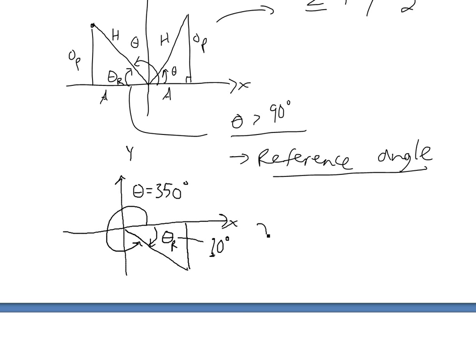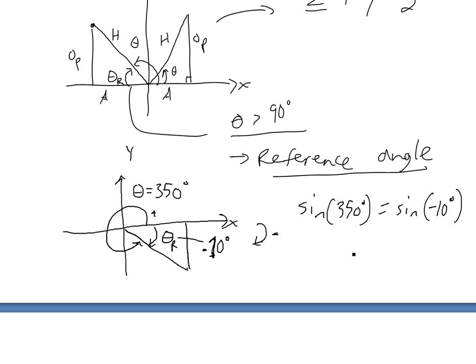If you rotate clockwise, it's negative. Counterclockwise is positive. So sine of 350 degrees equals sine of negative 10 degrees.